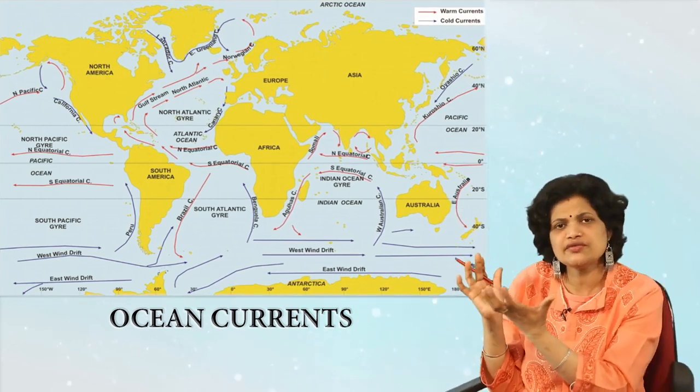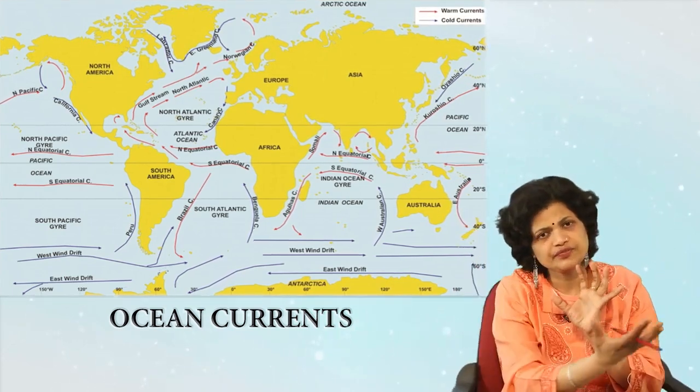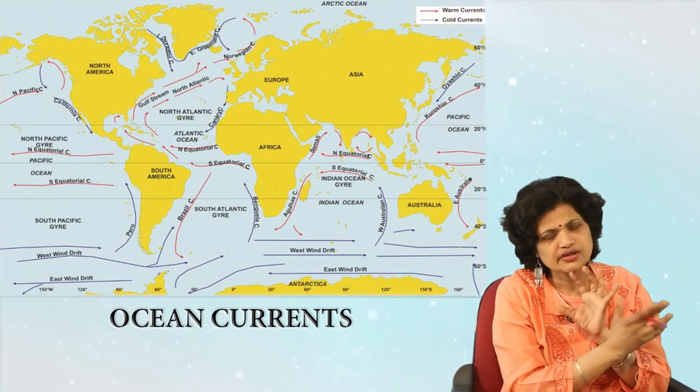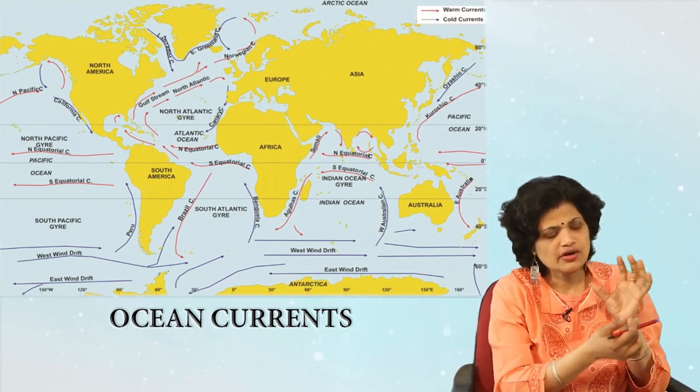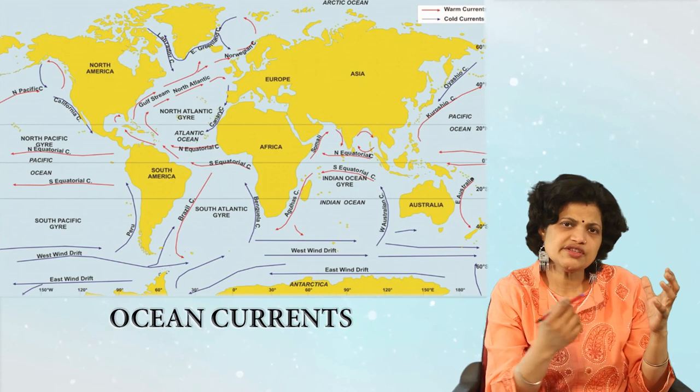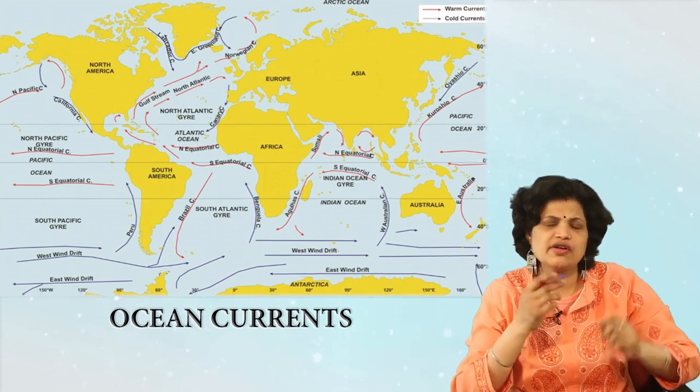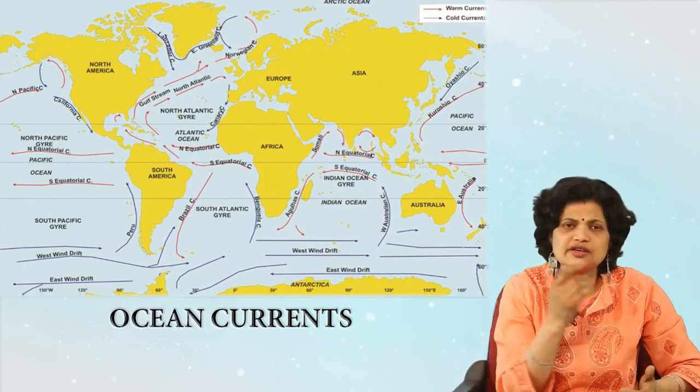Since the earth rotates from west to east, oceanic currents will move in the opposite direction, that is from east to west.